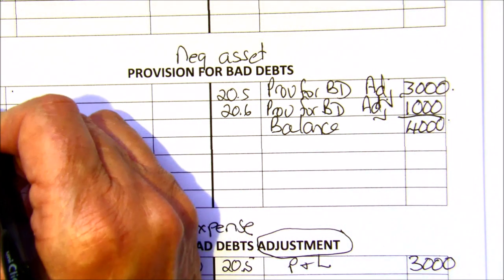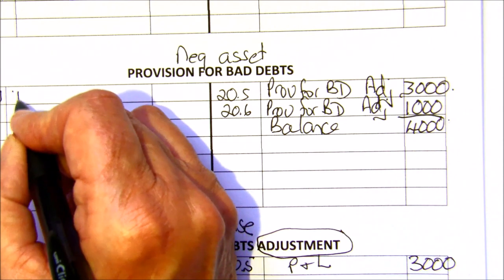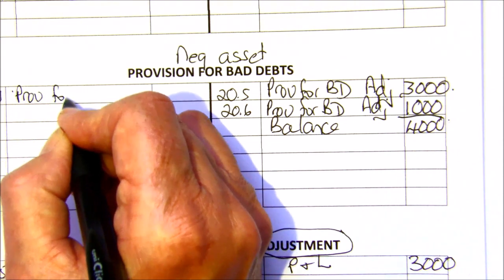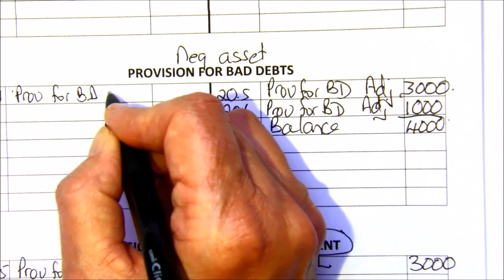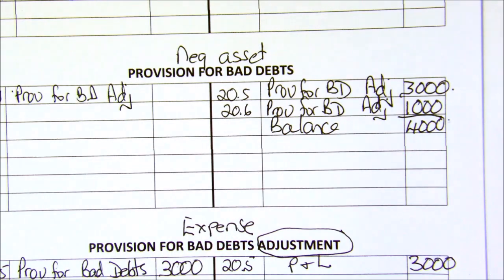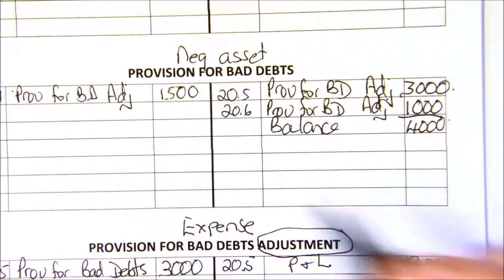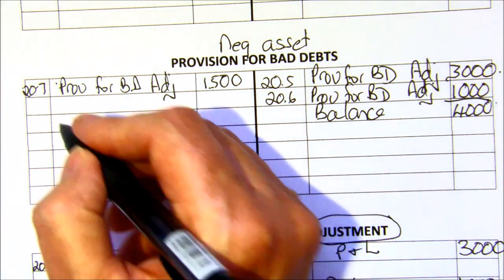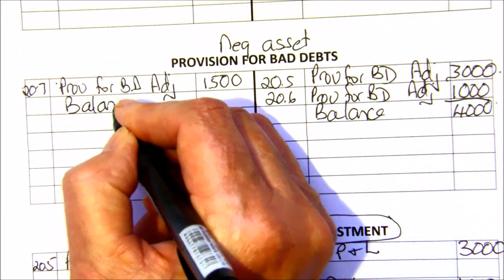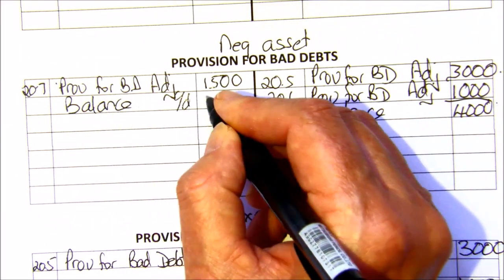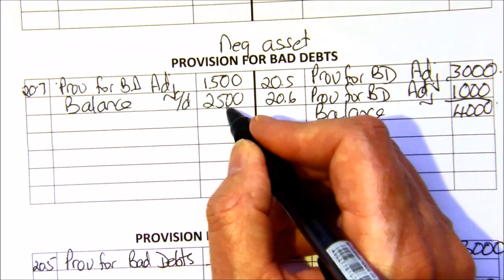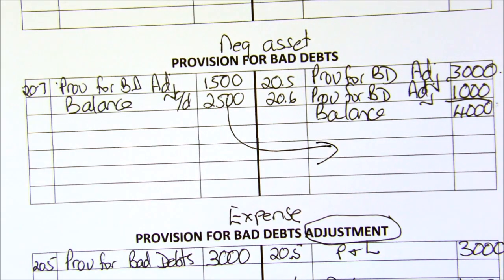So I'm going to have here, now this is 20.7, a provision for bad debts adjustment, 4,000 minus 2,500, so you are going to have to adjust by 1,500. So that your balance carried down now is 2,500, and that will come down for the next year.